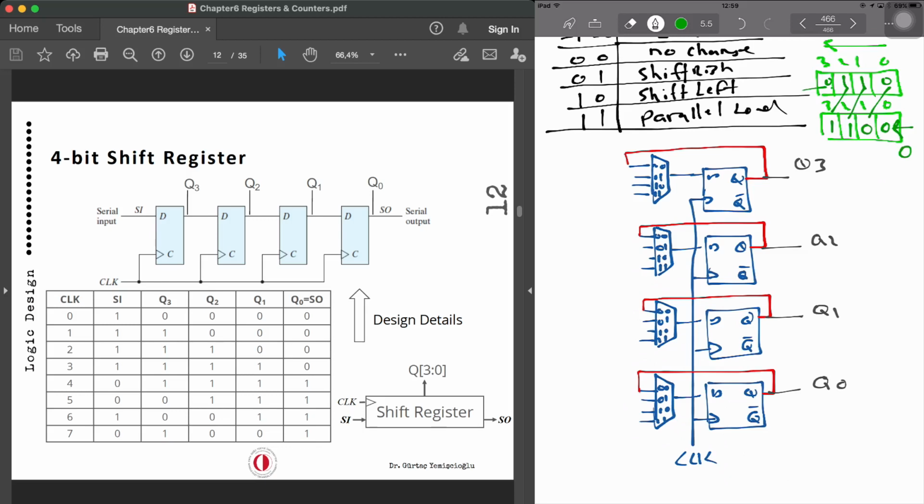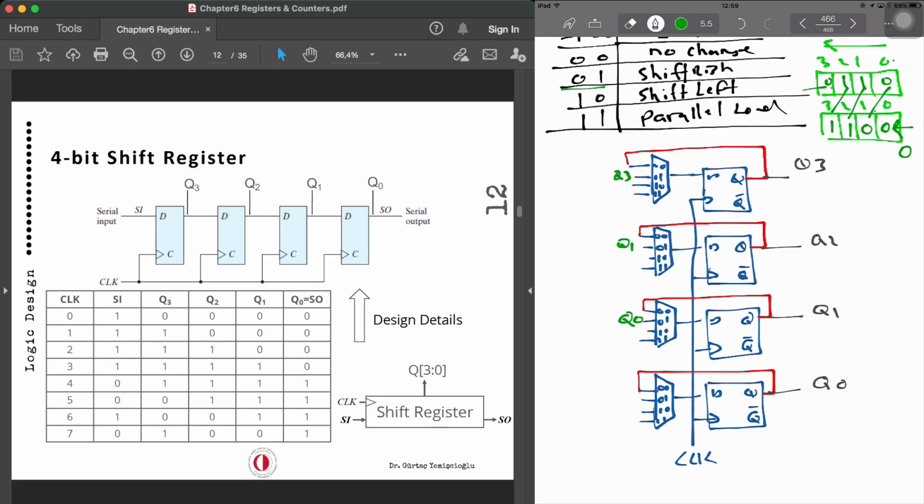So in order to do that, now bit 0 is going to be connected to bit 1. Bit 1 will be connected to bit 2, bit 2 to bit 3. So I can say that when it is 0, 1, which is shift left, Q0 is going to be fed into Q1. Then Q1 will be fed into Q2. And Q2 will be fed into flip-flop 3.